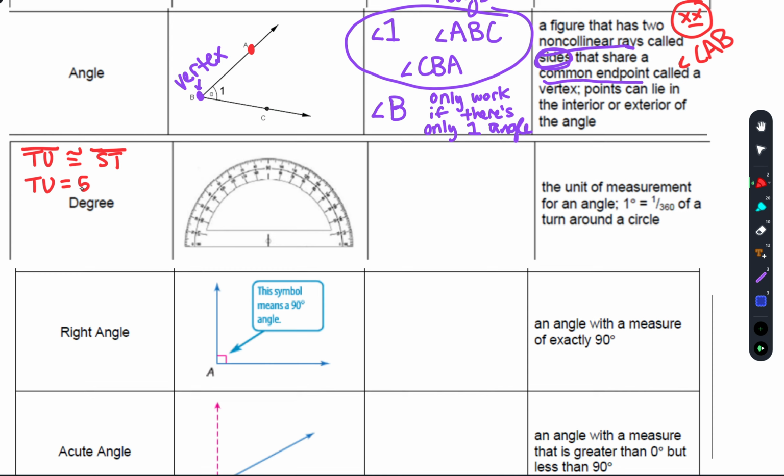But if I'm talking about their degree measure, I include a little m. That stands for measure. So it's a lowercase m. And I could say, let's use the angle from the definition above, the measure of angle ABC equals 60 degrees. So anytime I'm actually talking about an angle's degree measure, I put that little m in the front. I don't know why, but we do. Questions there?